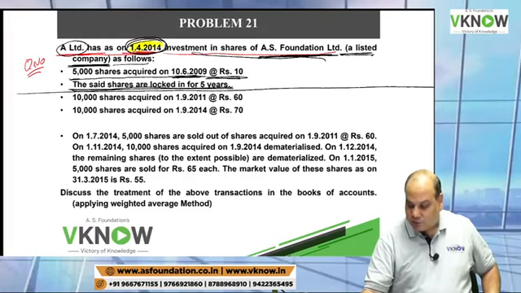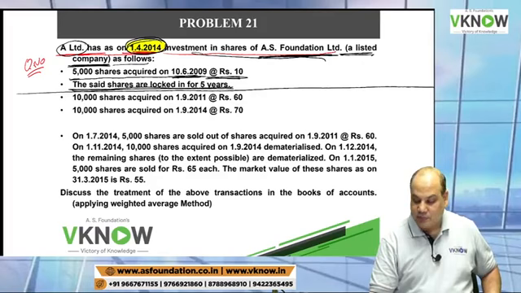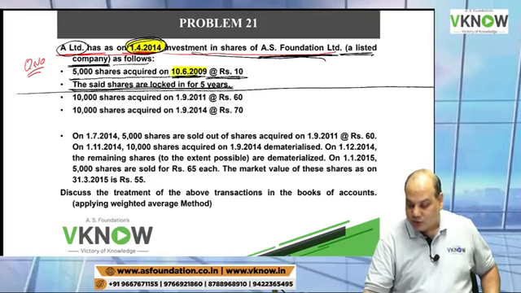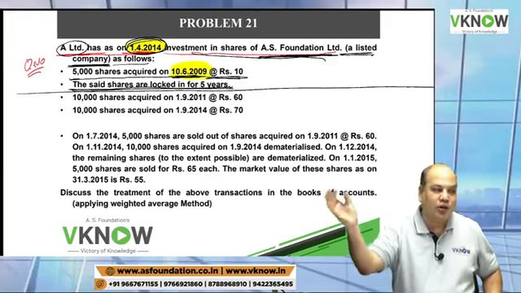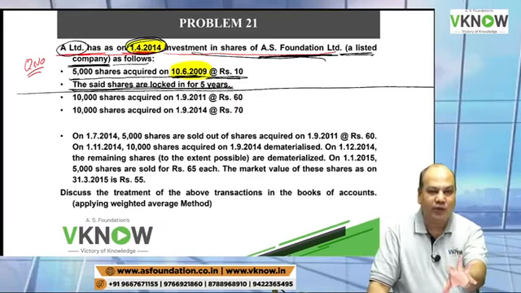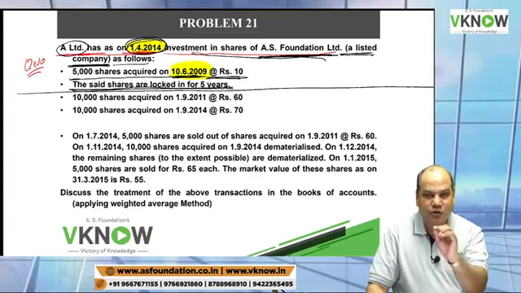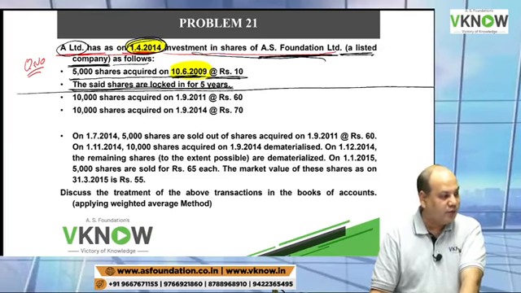Today the date is 1/4/14. The accounting period is 1/4/14 to 31st March 15. These shares were purchased on 10th June 2009, which means almost 5 years ago. So if you are holding the share for 4 to 5 years, tell me, is it your current investment or your long-term investment?